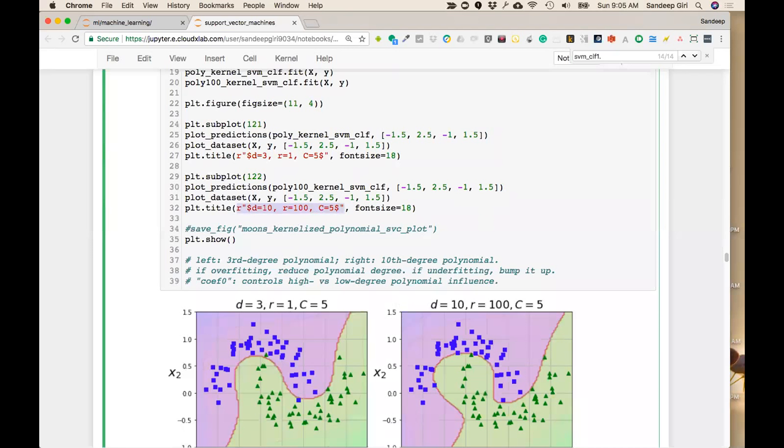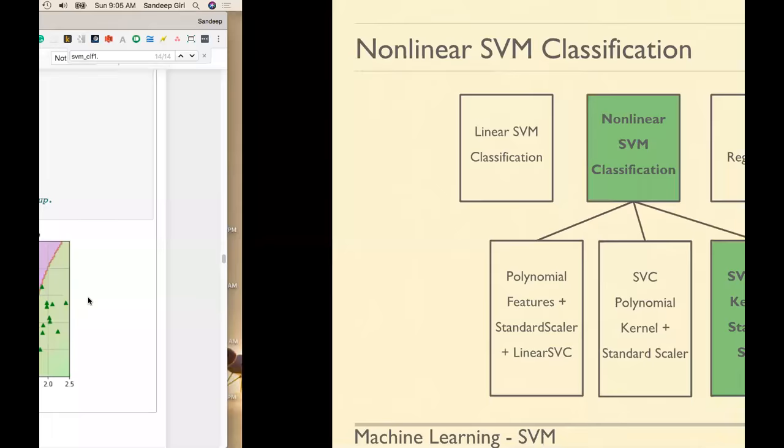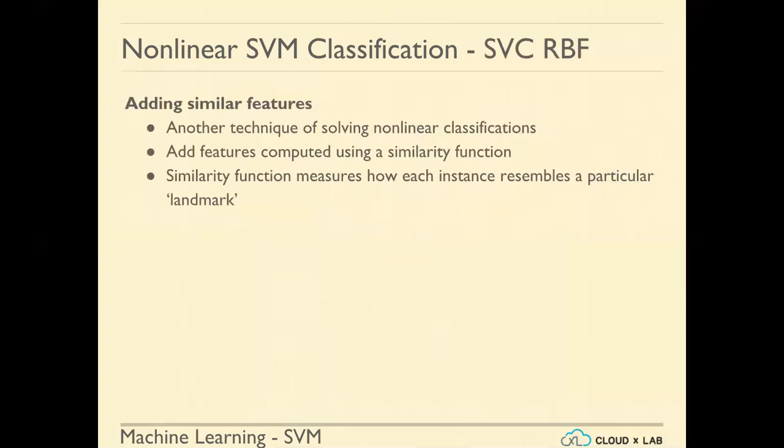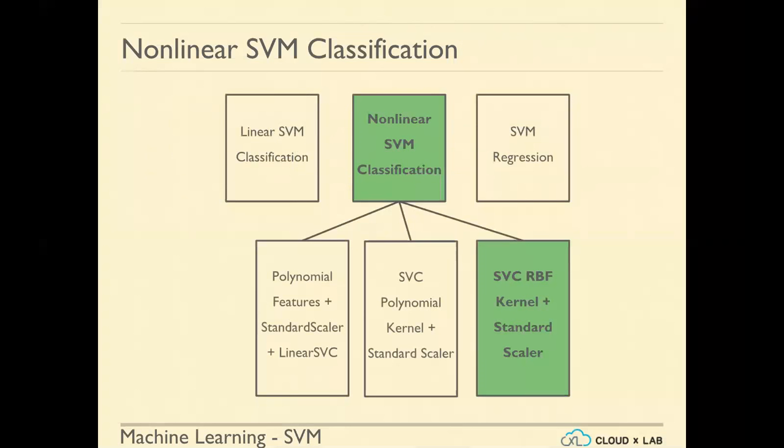And this R is actually that coefficient 0, which controls the lower degree polynomial influence versus the higher degree. Wonderful. There are a few more concepts in the SVM, so keep trying whatever is there in the notebook.